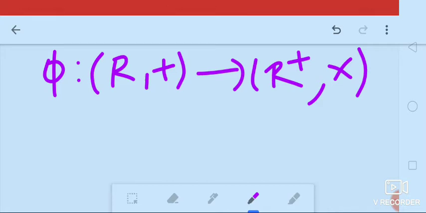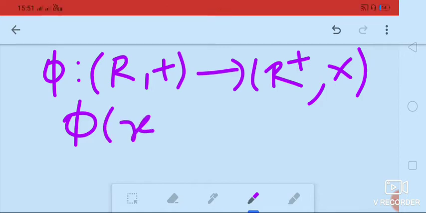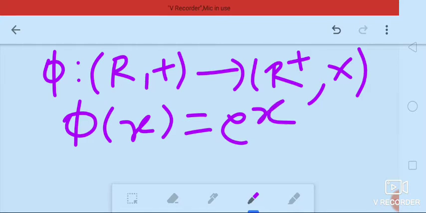And R is the set of real numbers, which is a group with respect to addition. Now I want to prove that this pi is a homomorphism and isomorphism. I am taking pi as a map from R to R plus, the exponential function, defined by pi of x is equal to e power x.